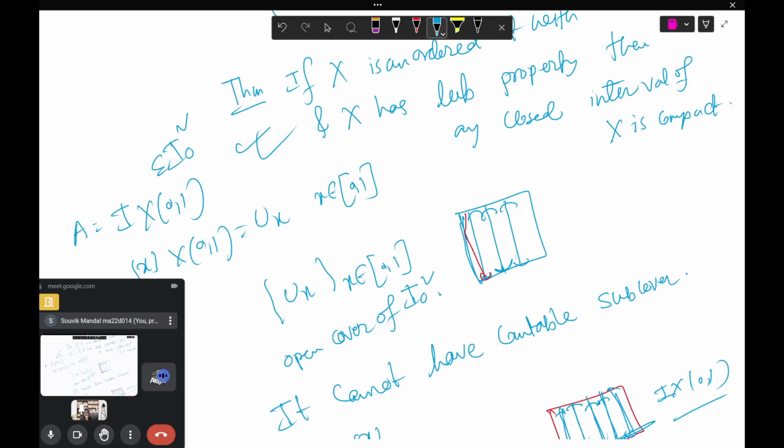But we need to find a subspace of RL which is not Lindelof. In the real line it is not possible, because in the real line, if a space is Lindelof, then its subspace is also Lindelof. So that's why these counterexamples are quite tricky. Okay, sir.